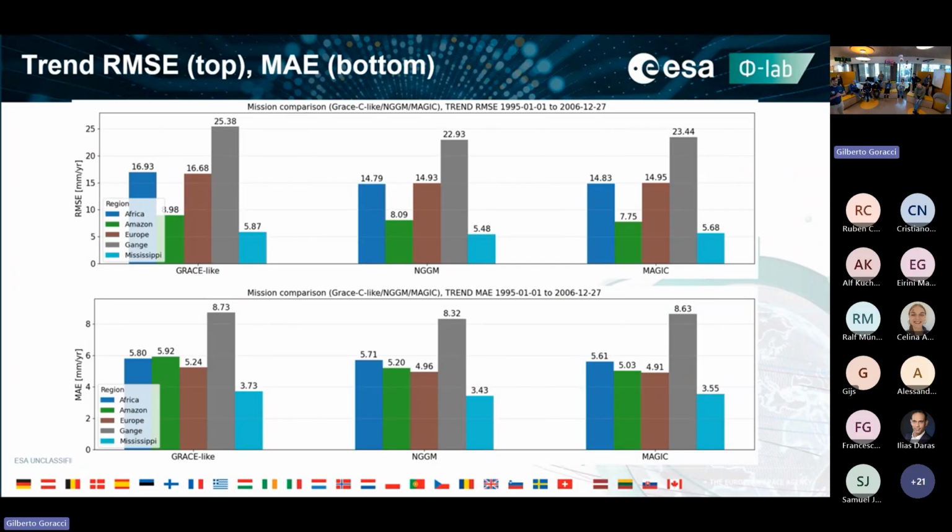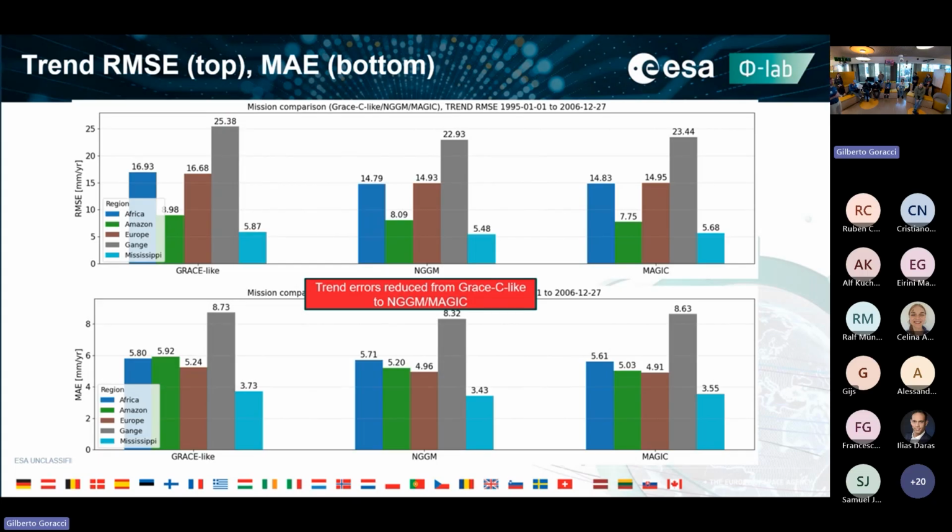And here we can see it in a quantitative way. So we have a reduction of the errors going from GRACE, C-like, and NGGM, both in terms of root mean square error and mean average error. And one thing I want to stress is that we use more metrics for the error because they give a different weight to the outliers.